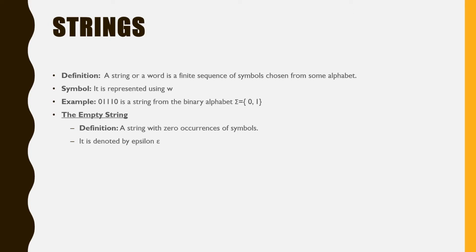So a collection of letters constitutes a string. It is represented using w in general, and an example of a binary string is 0, 1, 1, 1, 1, 0, which is a binary string from the binary alphabet 0 and 1.